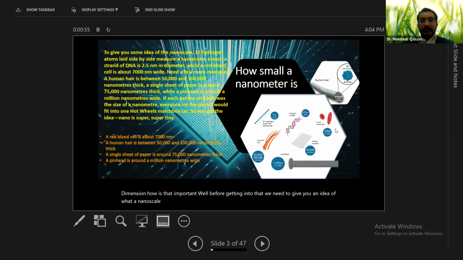For example, if we have just a schematic representation here, if you have 10 hydrogen atoms that are laid side by side, it will be in the order of about 7 nanometers. Imagine that, 10 atoms side to side, you get into 7 nanometers.